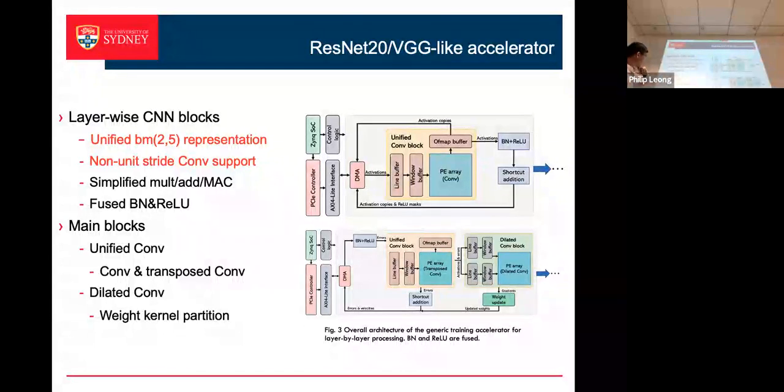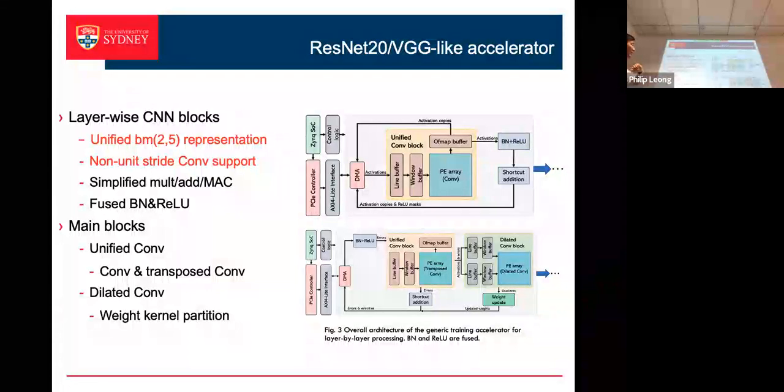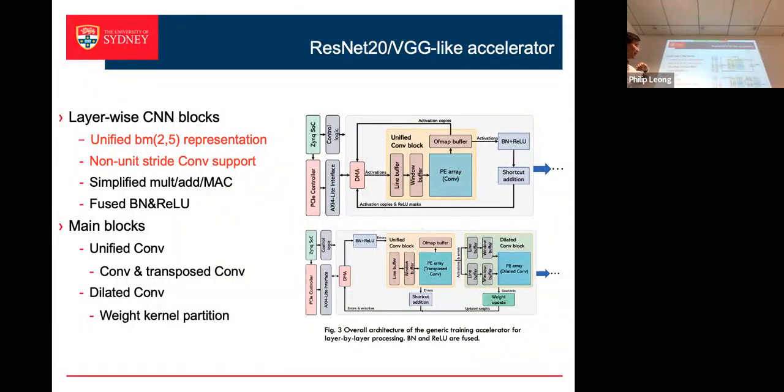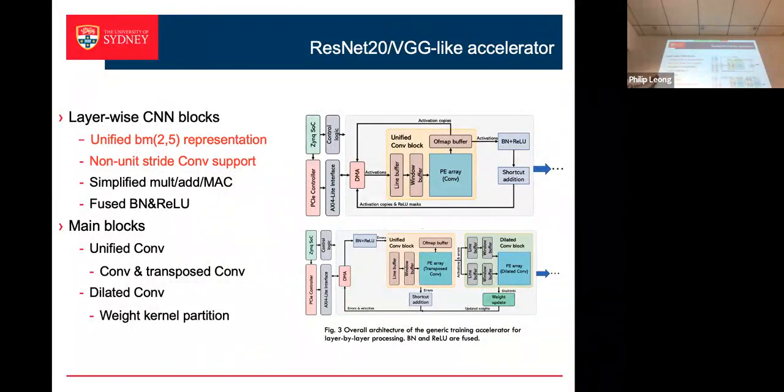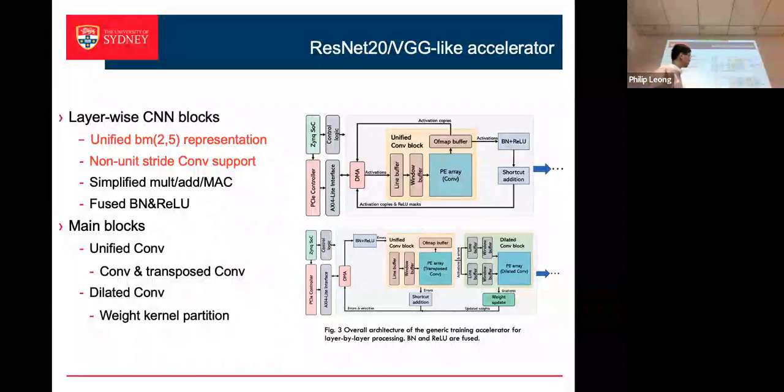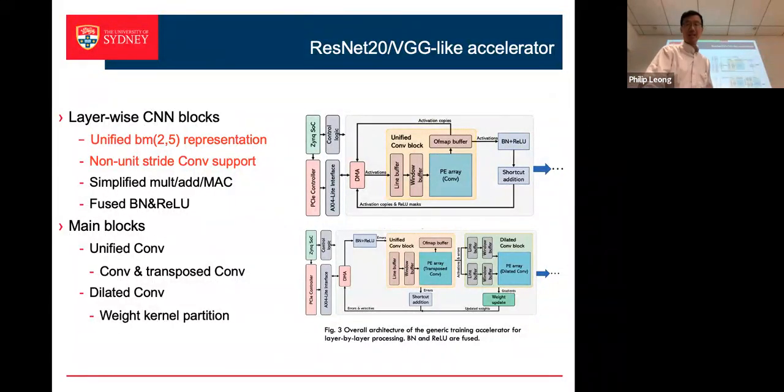And we use a fused batch norm and ReLU design, which I'll talk about in a moment. So we implemented all of these blocks: the unifying convolution block, which does the convolution and the transpose convolution, and another block called the dilated convolution block. That's kind of what the data path looks like.